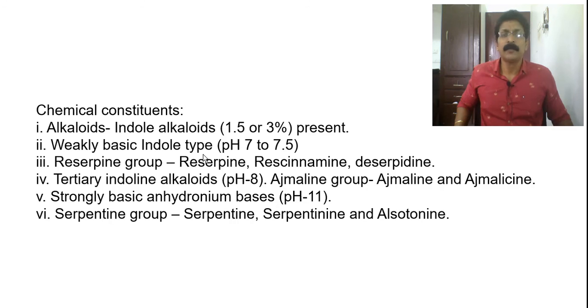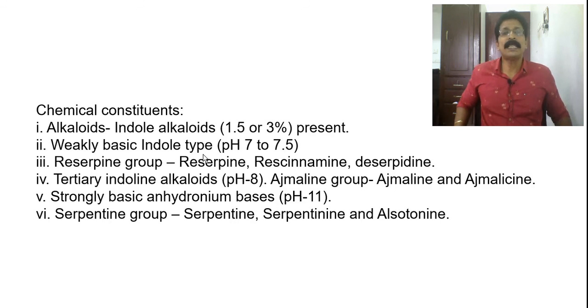The reserpine group has reserpine, rescinnamine and deserpidine. These are the three reserpine group constituents. Tertiary indole alkaloids are also present, which is the ajmalin group, ajmalin and also ajmalicine.